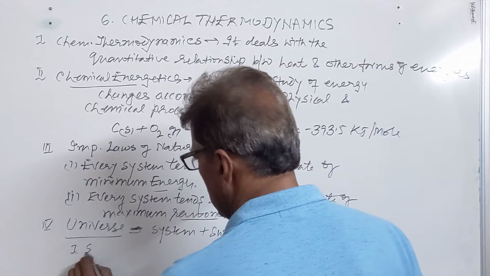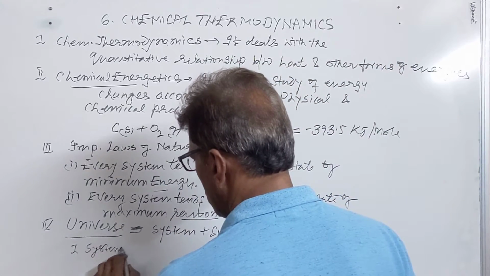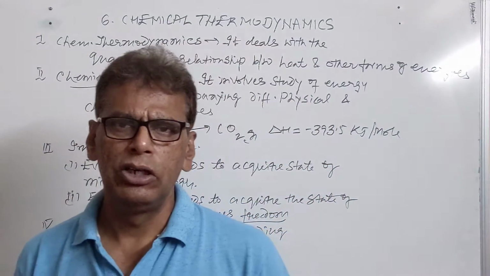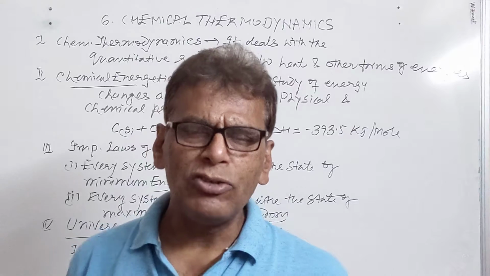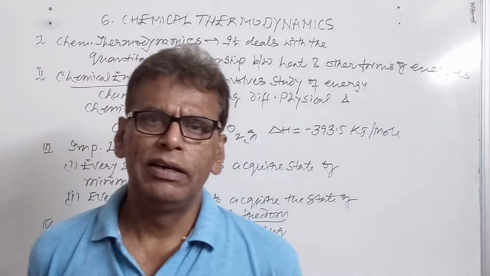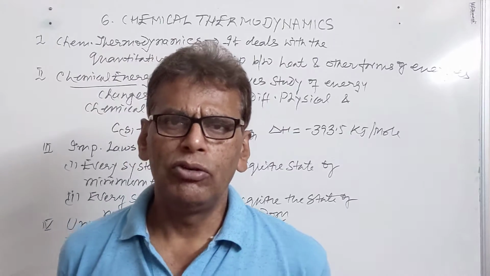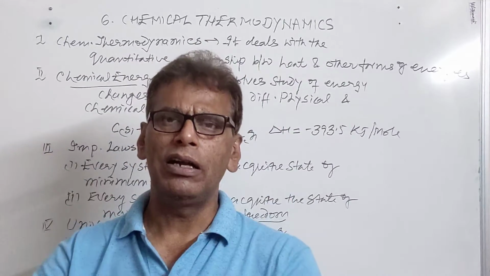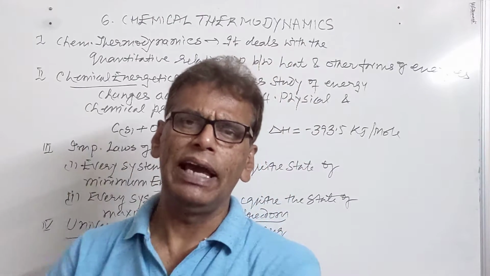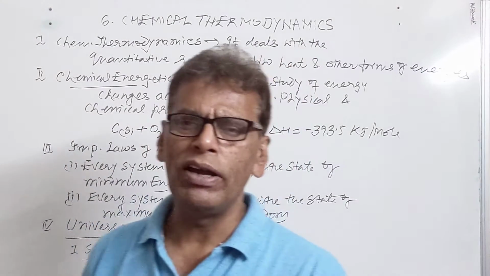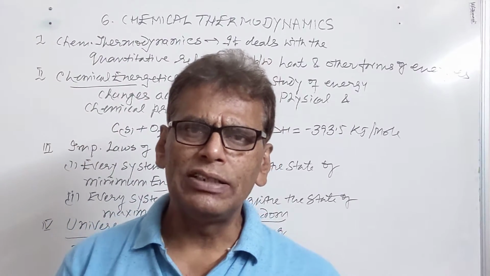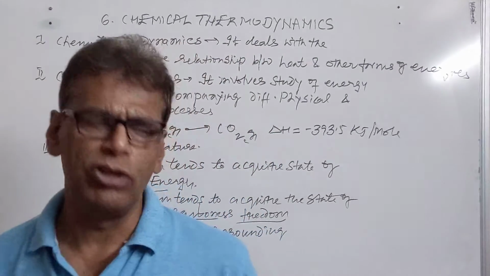First part is system, the part of universe which is under study. Suppose this is our classroom. We are studying here. I am teaching. You are getting knowledge from me. So this is our system. The remaining part of this building and the other things in the surrounding of this building are dealt under surrounding. So system plus surrounding makes the universe.